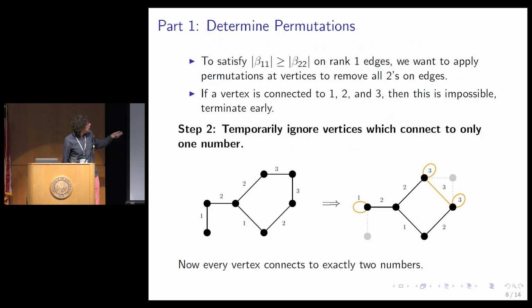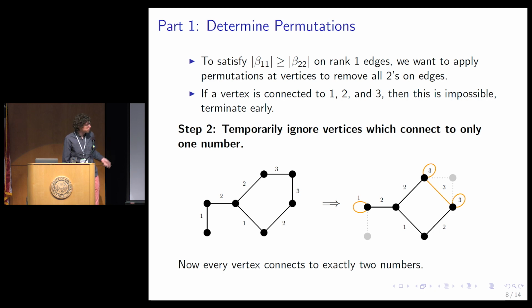Now, in order to satisfy this inequality on these rank 1 edges, we want to apply permutations at the vertices to remove all the 2s on the edges. The reason this is true is because if this thing is non-zero, then this thing has to be non-zero, but this can't hold if we have an edge with a matrix weight which is only rank 1.